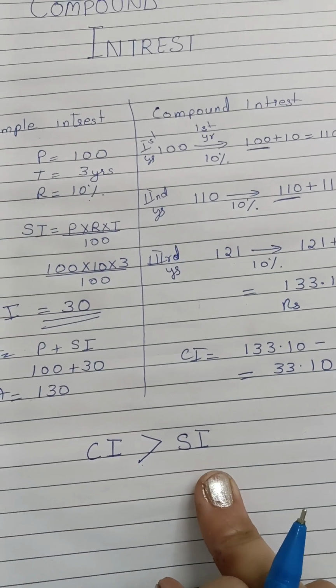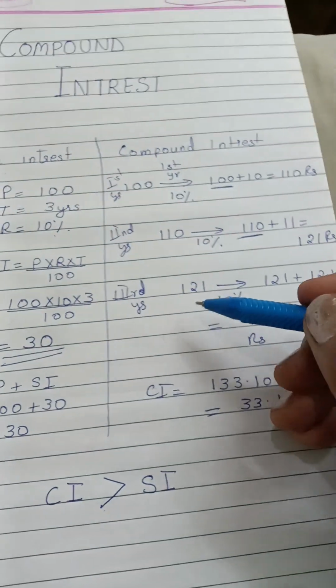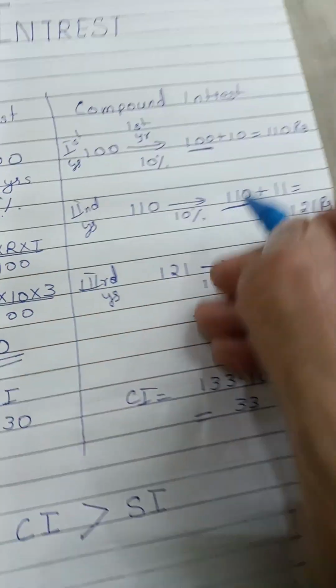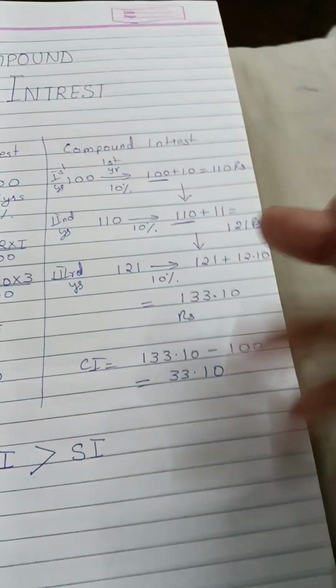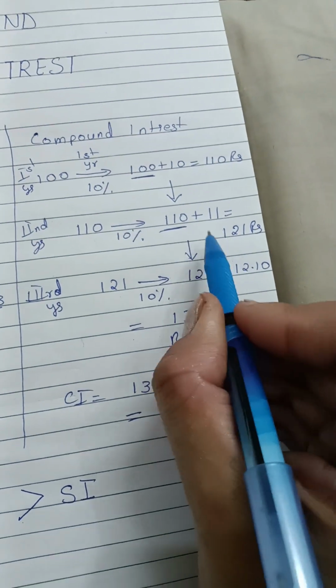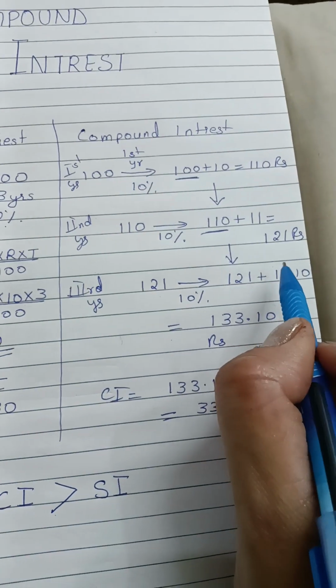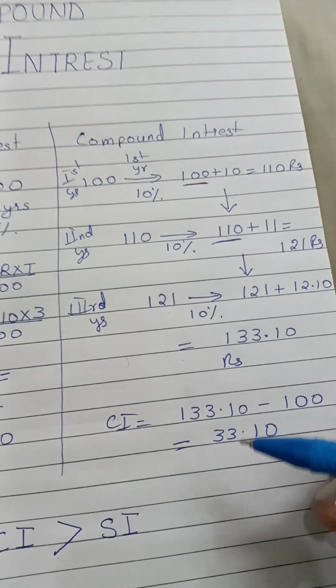Always. It is the same for the first year, but thereafter it starts increasing because we are paying interest on interest. The interest of the previous year is being added to the principal and then the interest is calculated for the next year.